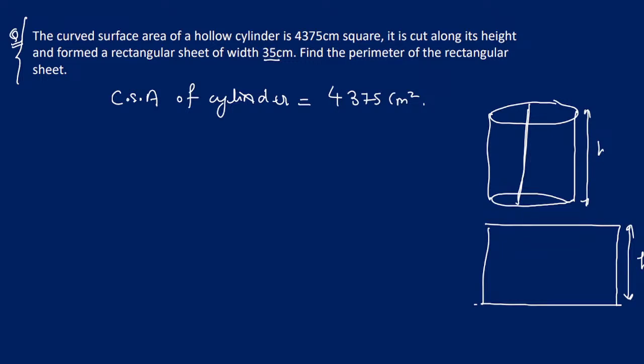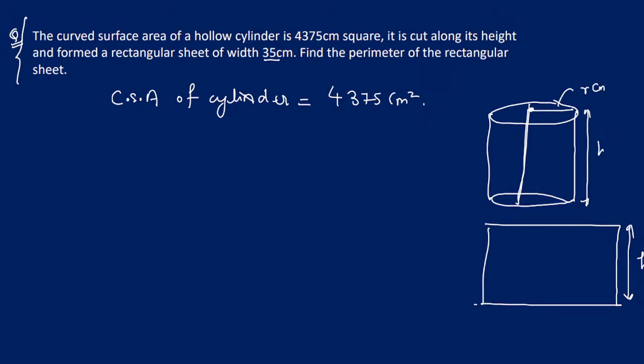Then the height of the cylinder is 35 centimeter. And what about the length? You know that this cylinder has radius r centimeter.